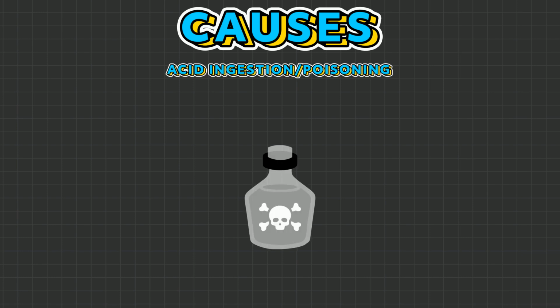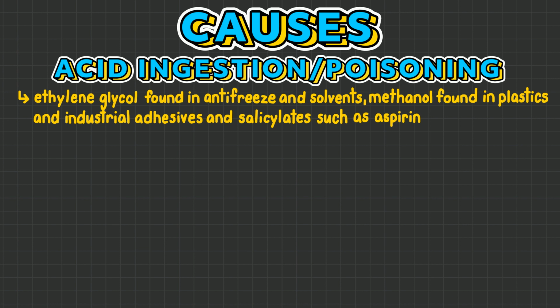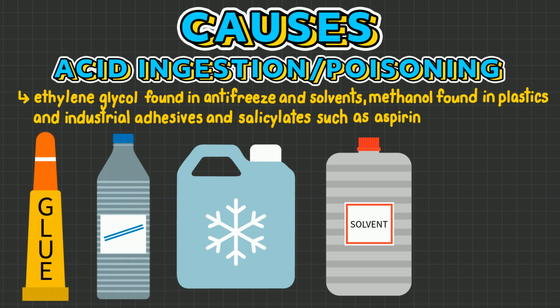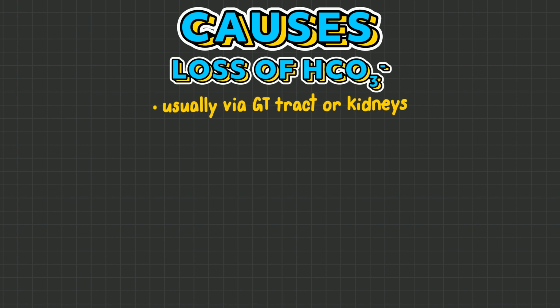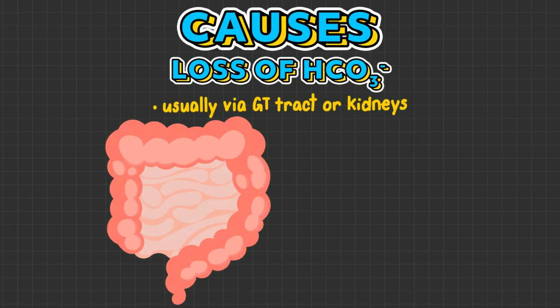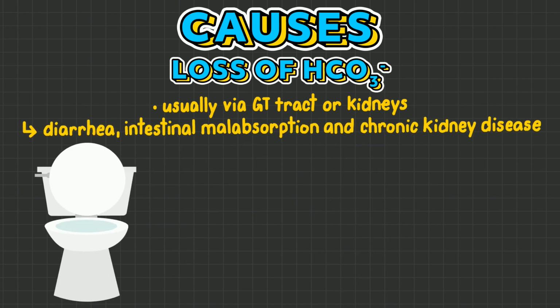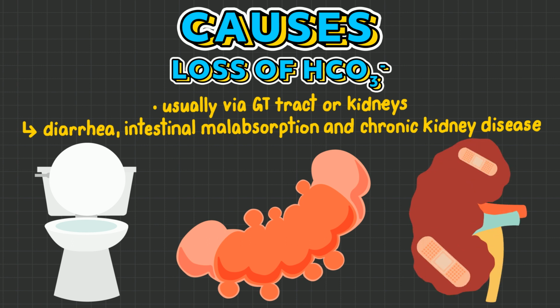Metabolic acidosis caused by poisoning from ingesting acids includes ethylene glycol, found in antifreeze and solvents, methanol, found in plastics and industrial adhesives, and salicylates, such as aspirin. And finally, metabolic acidosis caused by a loss of bicarb is usually a result of the gastrointestinal tract or kidneys. This includes diarrhea, intestinal malabsorption, and chronic kidney disease.